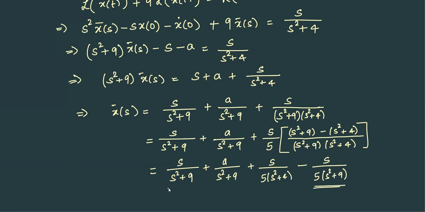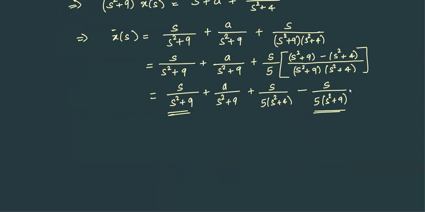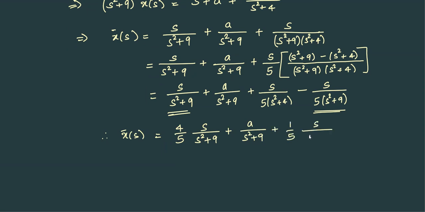So this term and this term we can add, bring it to a single term. So 5 minus 1, so I'll get 4 upon 5 s by s square plus 9, then plus a by s square plus 9 plus 1 by 5 into s by s square plus 4.